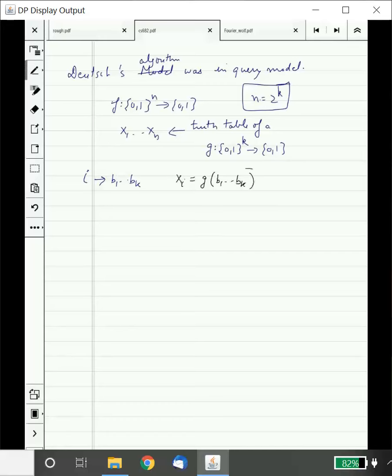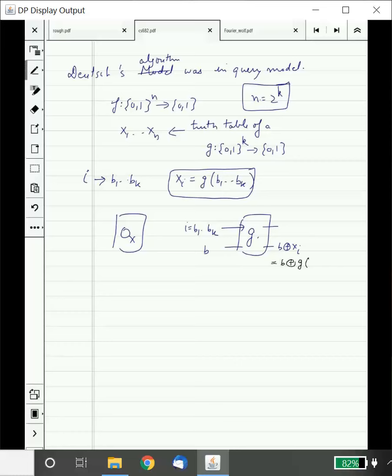This is what I mean by saying that the input is written as a truth table of some function. Then instead of hiding x, I can say that I am hiding g. And given i equal to b_1 to b_k and some work register b, I will obtain b plus x_i, which is the same as b plus g of b_1 to b_k, which is the same as b plus g of i.